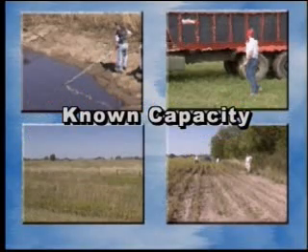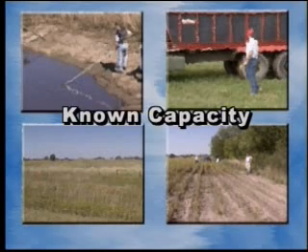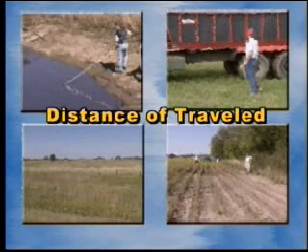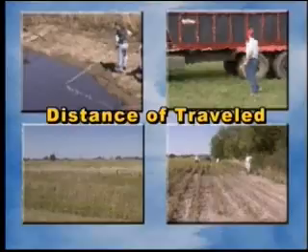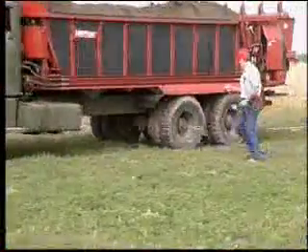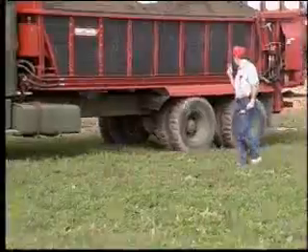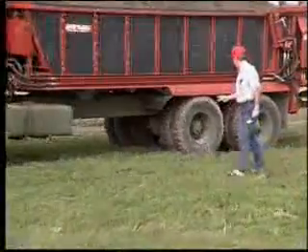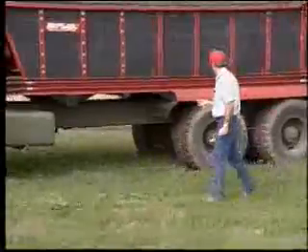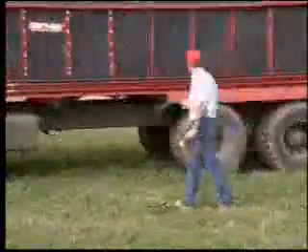When calculating the application rate where the spreader capacity is known, we do need to get a distance of travel required for emptying the spreader. To do this, a simple trick is to measure the distance of travel of one or more wheel revolutions as you're moving through the field. For a tractor, the rear wheel, we may need to measure the distance of travel for a single revolution, or for this truck, maybe 3 or more revolutions would be appropriate.